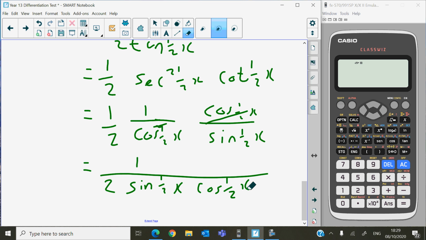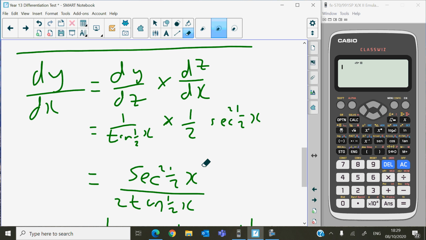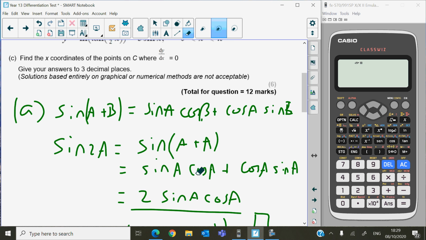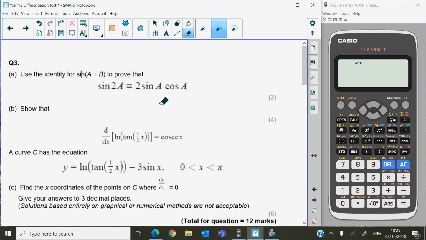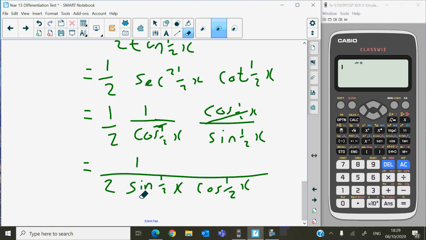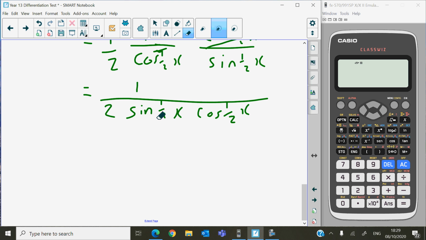And now this is the stage where we realize why the question started with making us do the proof of sine 2a being 2 sine a cos a. Because I've got 2 sine a cos a on the bottom of this fraction, where the a is a half x. So if I want to change that now to be sine 2a, it's going to be 1 over sine of 2 times a half x. 2 times a half x is x.